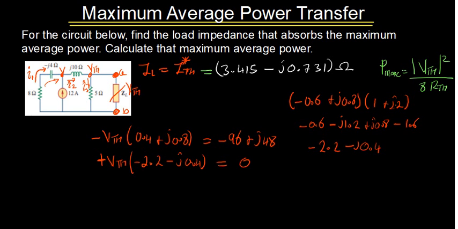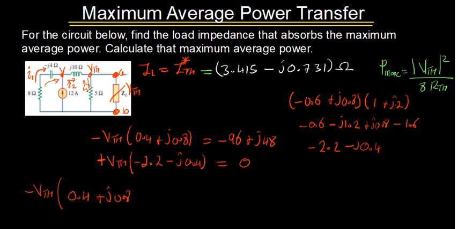What we have is simply, more like you are saying, your minus V Thevenin. Okay, I'll say open bracket. It's more like I'm factoring that out. Then I'll have 0.4 plus j0.8.